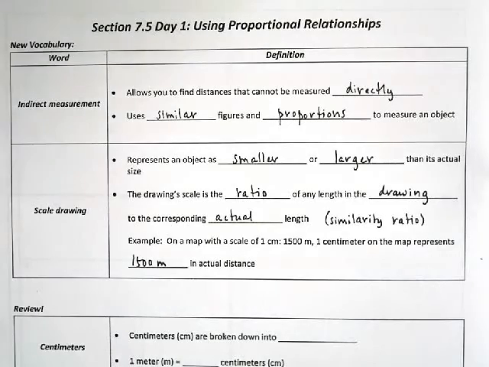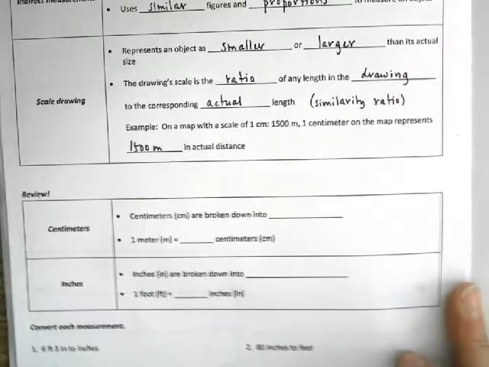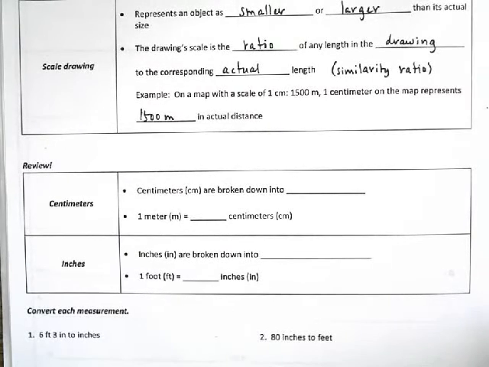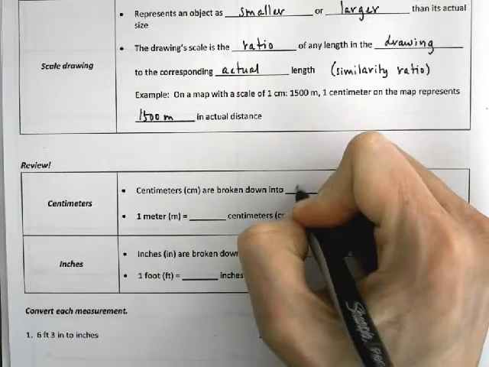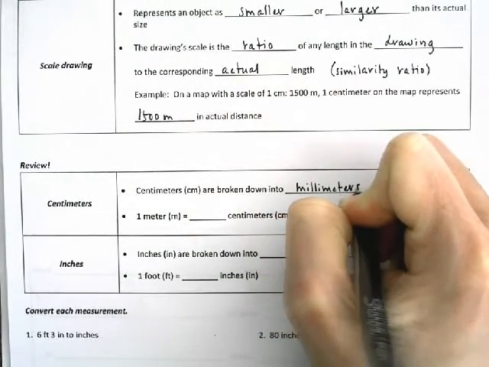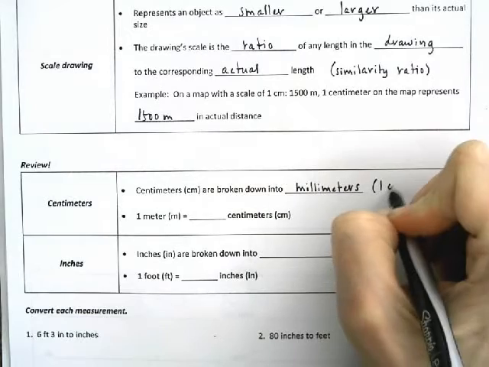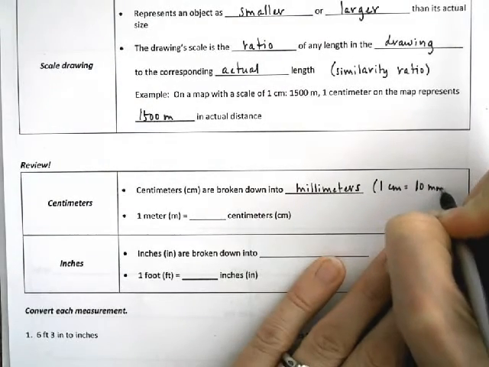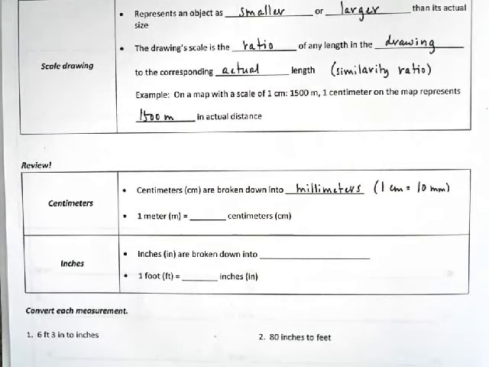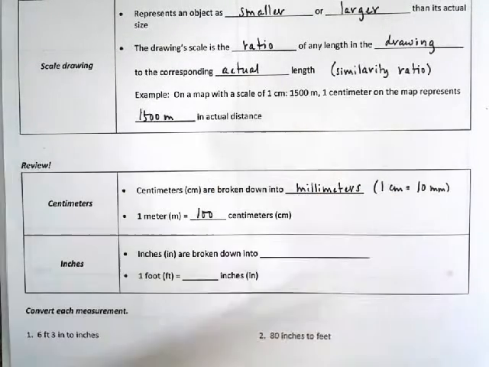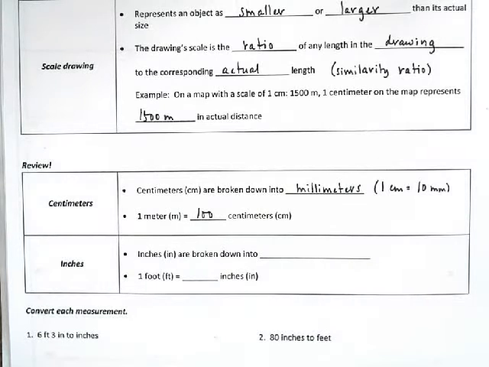Now, for a quick review in terms of measurement, because this will come up a little bit in this chapter, it's important to remember that centimeters are broken down into millimeters. So I know that 1 centimeter is equal to 10 millimeters. Then 1 meter is equal to 100 centimeters.